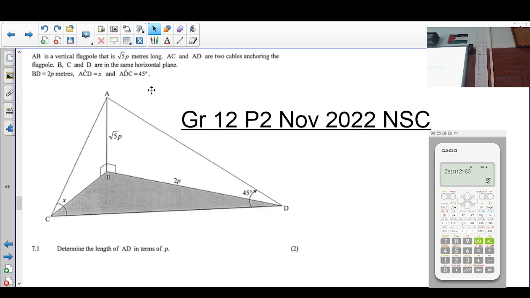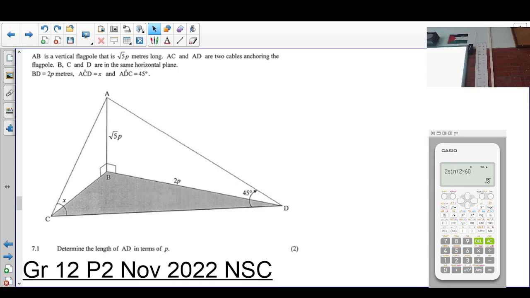Then we are told that BD is equal to 2p. Then we are told that ACD, the angle in the outer triangle, is going to be x, and ADC, which is also the other angle from the outer triangle, is going to give you 45 degrees. The question says determine the length of AD in terms of x. So AD in terms of x.